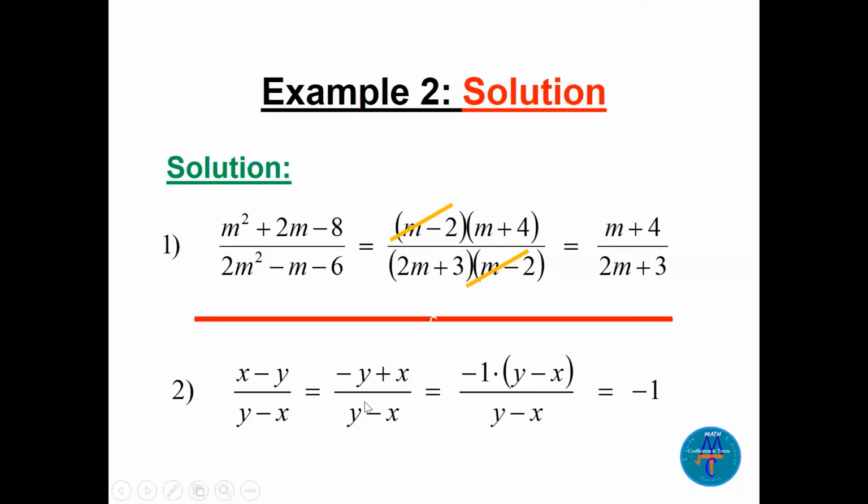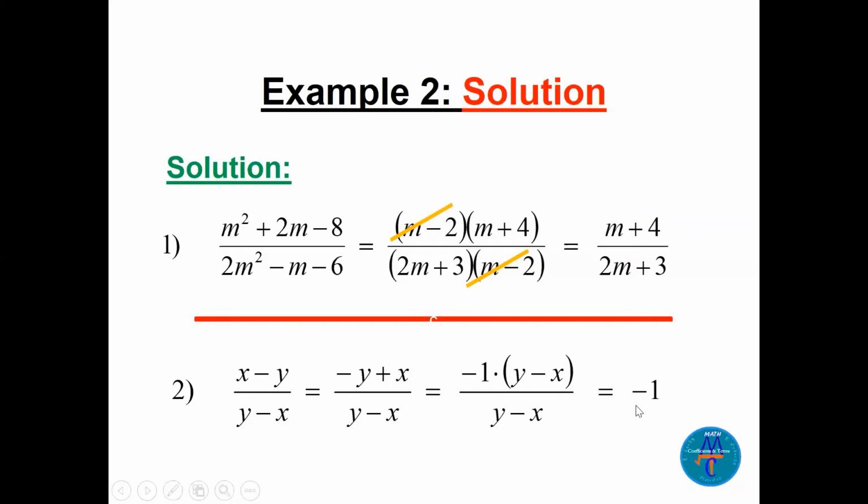And here I will write minus y at the beginning. This is only to explain the idea. Minus y plus x. Take a minus common factor. If you take a minus from here, you will get y minus x over y minus x. Then I can cancel the y minus x.